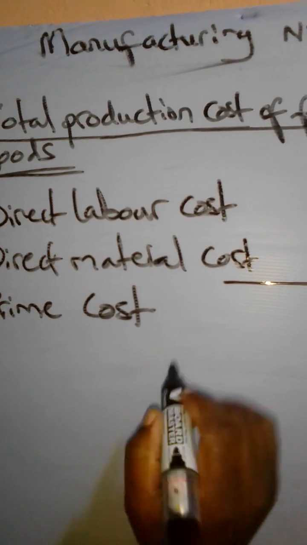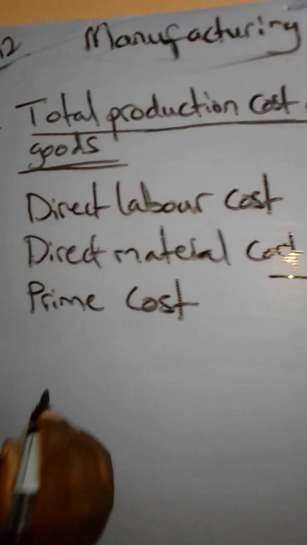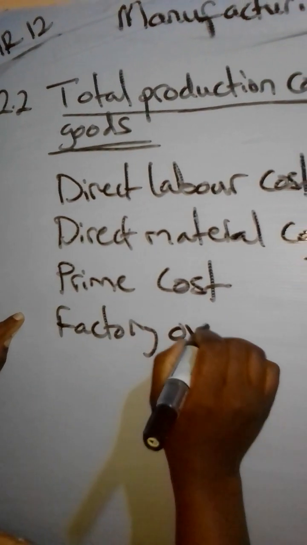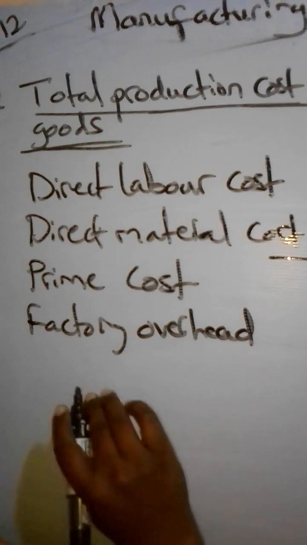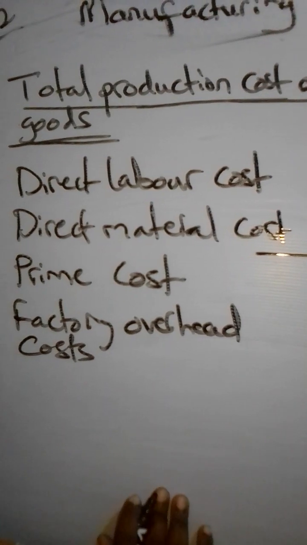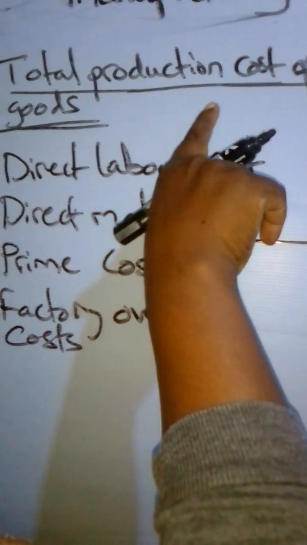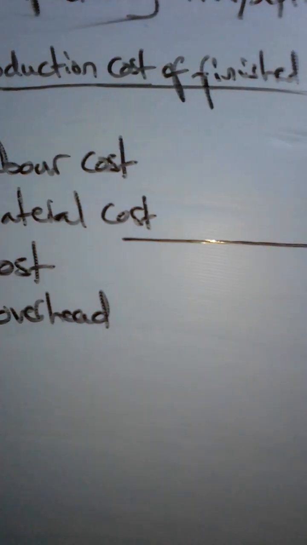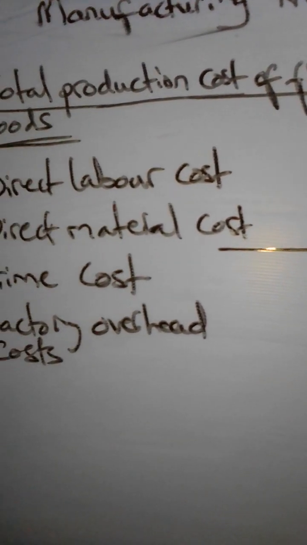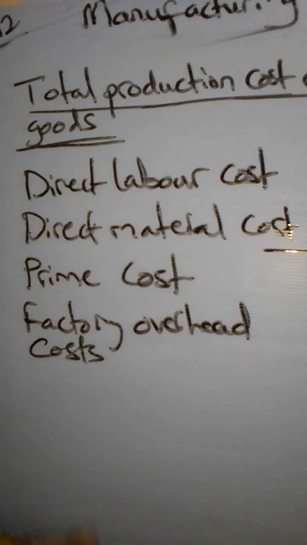When we get the prime cost, it's simply a matter of adding the factory overhead costs, and then we'll get the total production cost of finished goods.